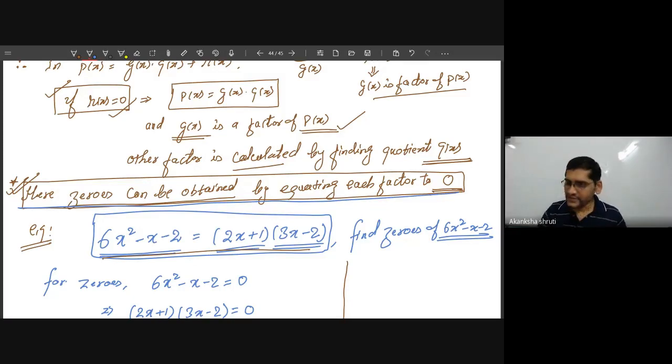This concept is named as factor theorem. Factor theorem simply tells that if you are given a factor of a given polynomial, then whatever the value of x that you can obtain from the factor, that will also be a zero of the given polynomial. So let us go for the factor theorem.